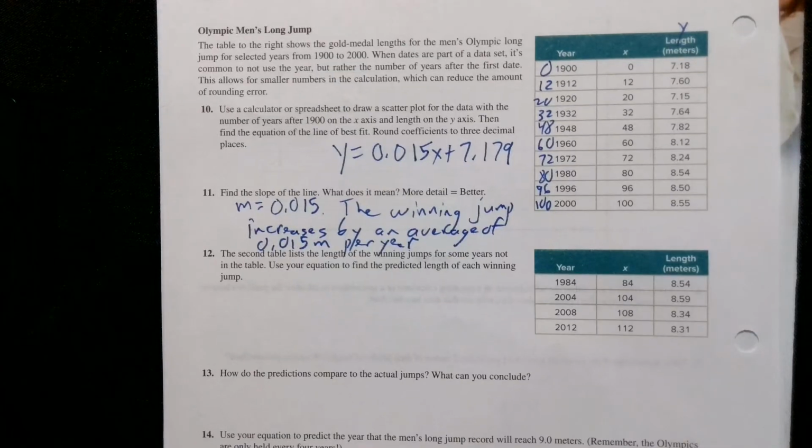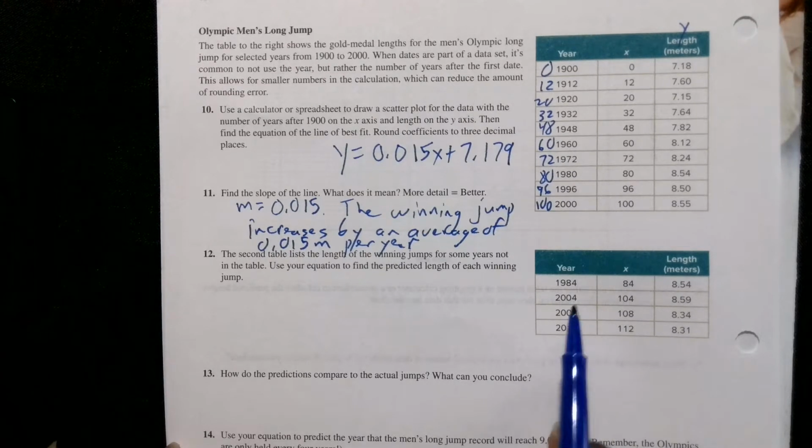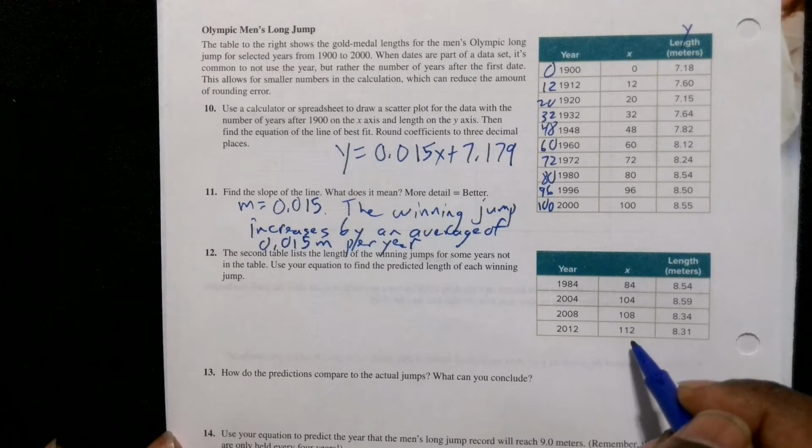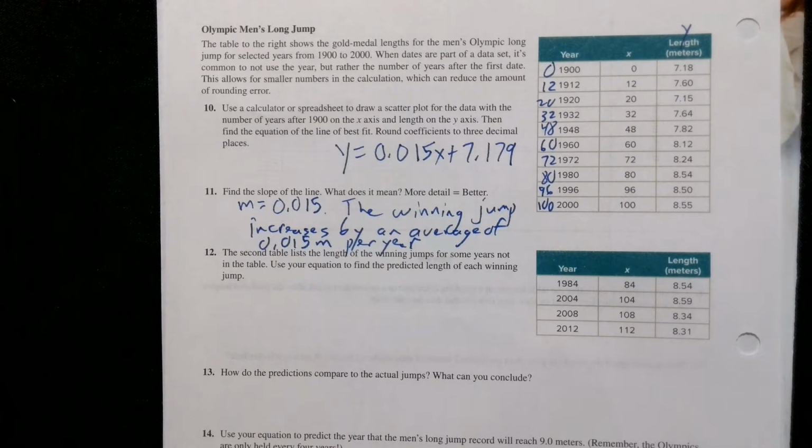Okay, number 12. It states here that the second table lists the length of the winning jumps for some years not in the table. Use your equation to find the predicted length of each winning jump. Okay, so basically this would be 84, 104, 108, and 112. So what they want us to list is the predicted jump.